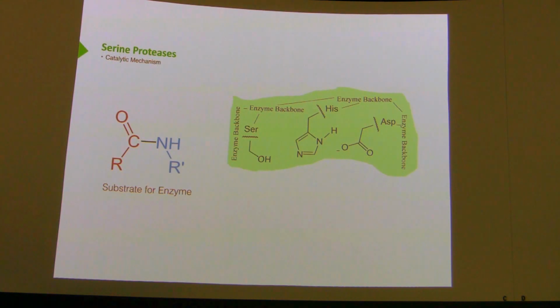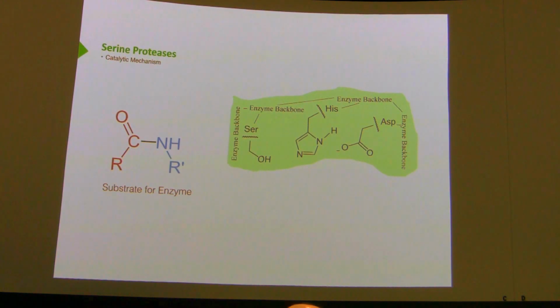Serine, histidine, and aspartic acid. Those amino acids are not close in primary sequence. How did they get to be close? What process? Folding. So the enzyme had to fold to bring these guys into close proximity and create the active site.